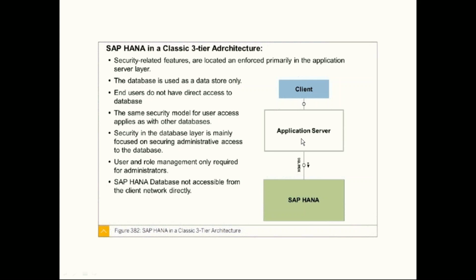So basically, in this situation, the same security model for user access applies as with other databases. Suppose you are running ERP with Oracle database, whatever the security model you follow there, the same model you follow when you are running that ERP on HANA database.